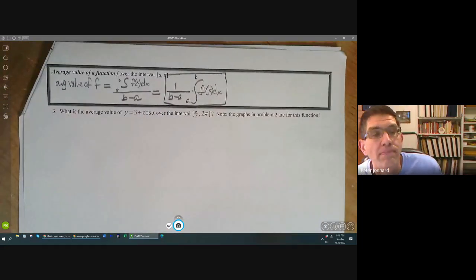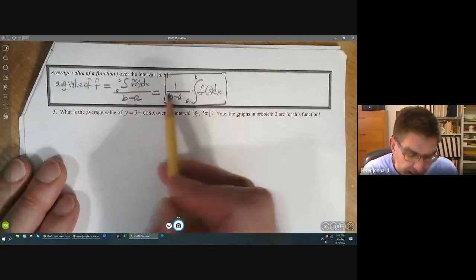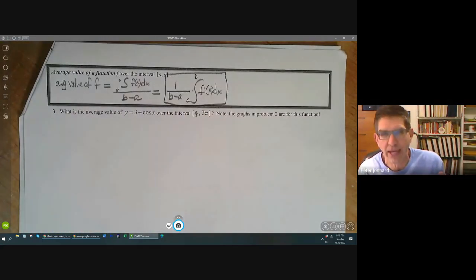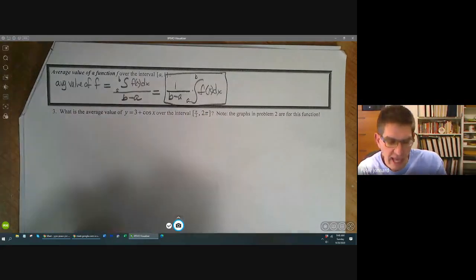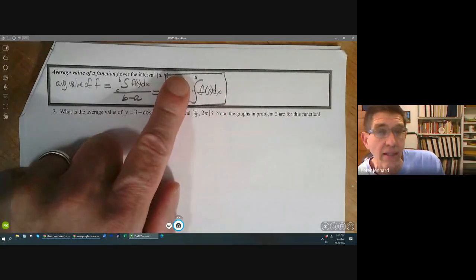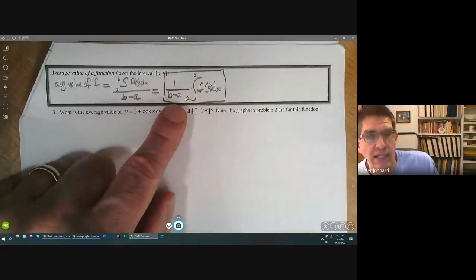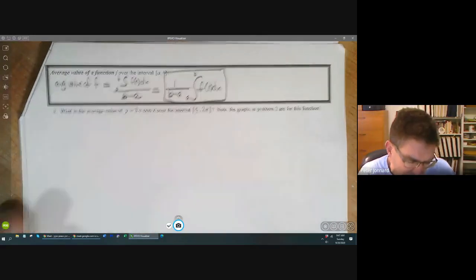The average value of the function is just the area divided by the width. If you think of a rectangle and somebody tells you its area and its width and asks for the height, you would simply divide by the width to get the height, and that's exactly what this is telling us.